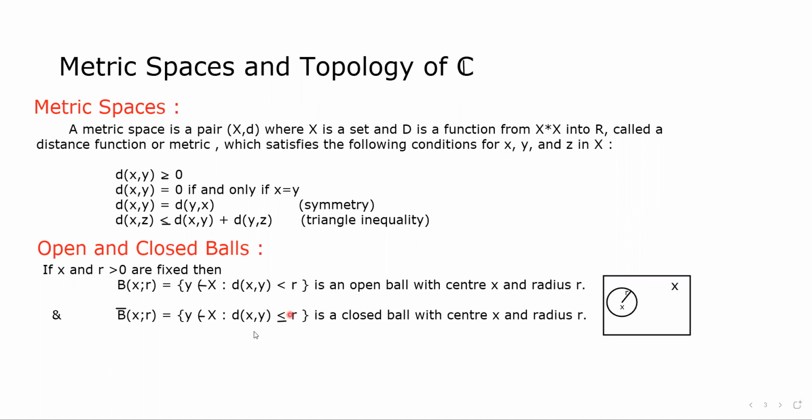Okay, and B-bar(x,r) is equal to all y belongs to X such that d(x,y) is less than or equal to r. This is a closed ball with center x and radius r.